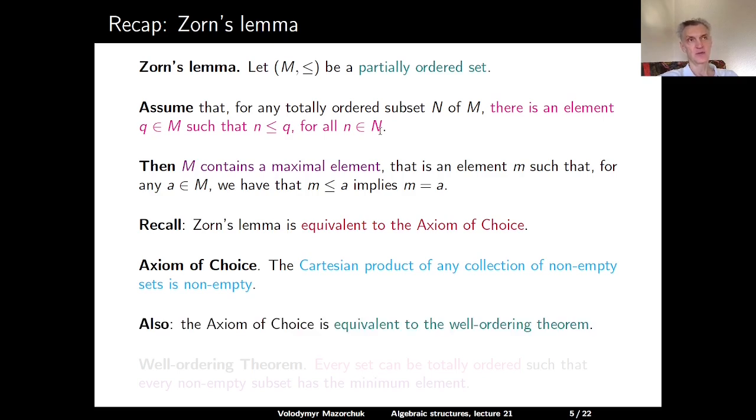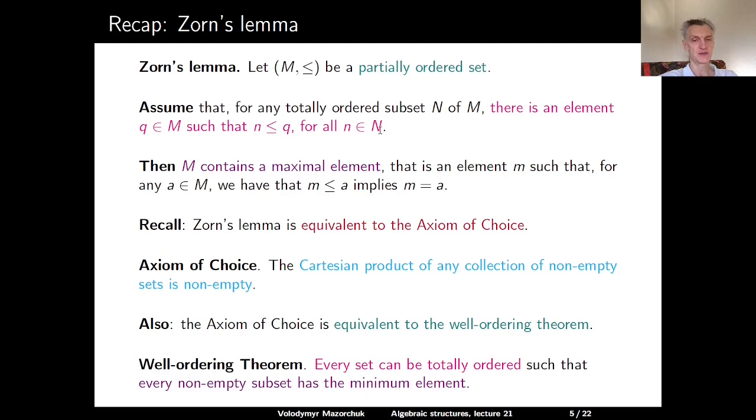And the third famous result to which the axiom of choice is equivalent is the well-ordering theorem. And the well-ordering theorem says that every set can be totally ordered such that every non-empty subset has the minimum element. So Zorn's lemma, axiom of choice, and well-ordering theorems, these are equivalent statements in set theory, and we treat them as axioms.